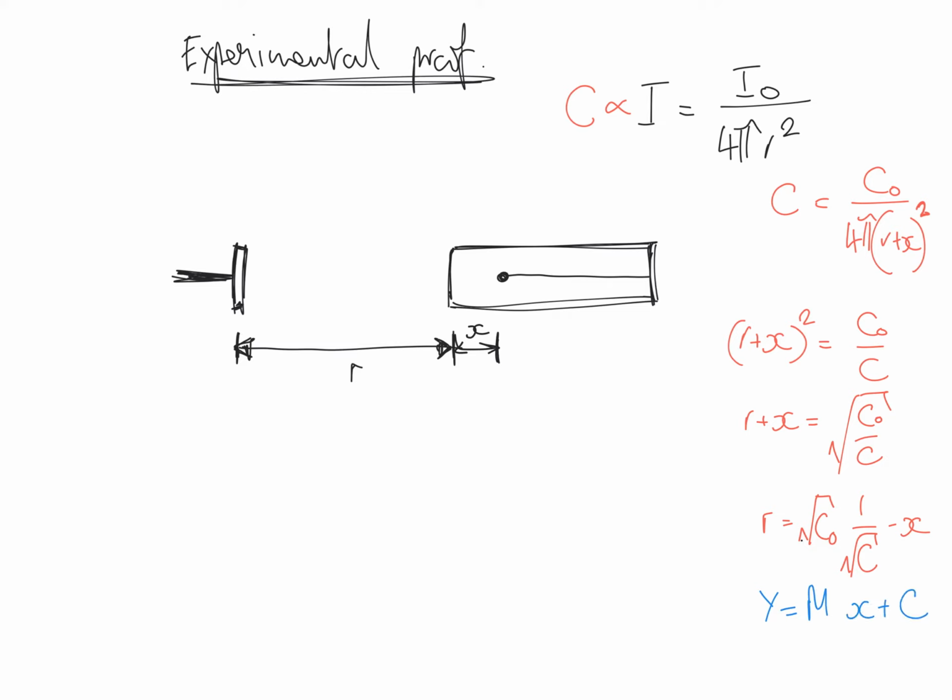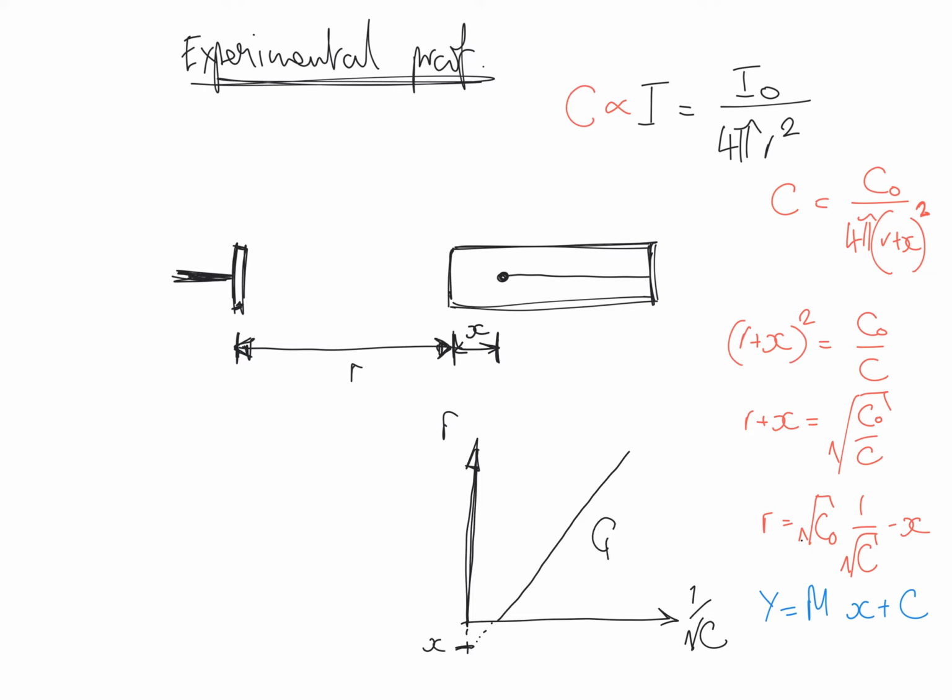So what I'm looking to achieve is, if I plotted r against 1 over root c, I should get a graph that does something like that, where the intercept will be indicated by x.